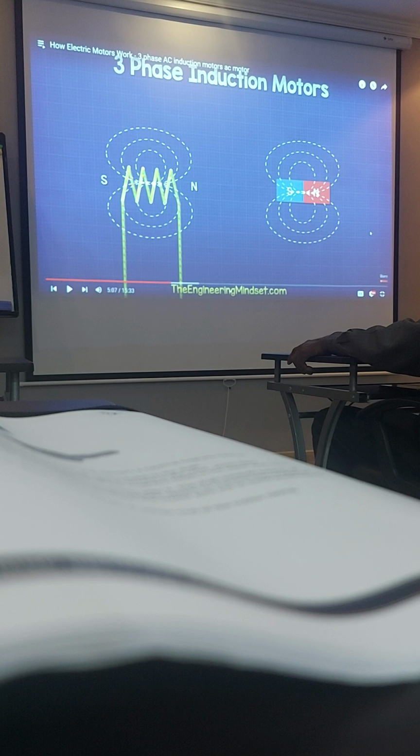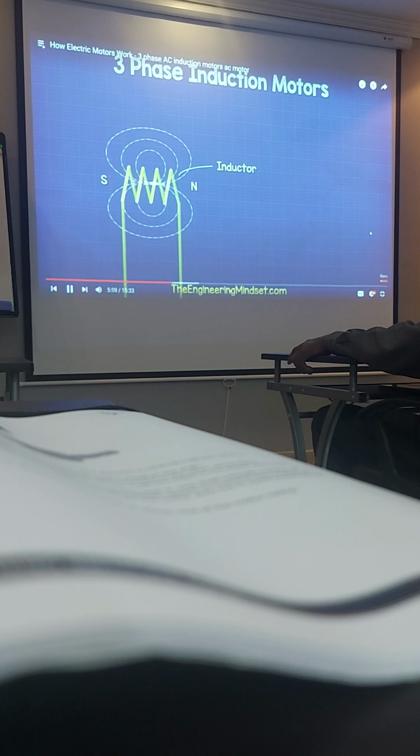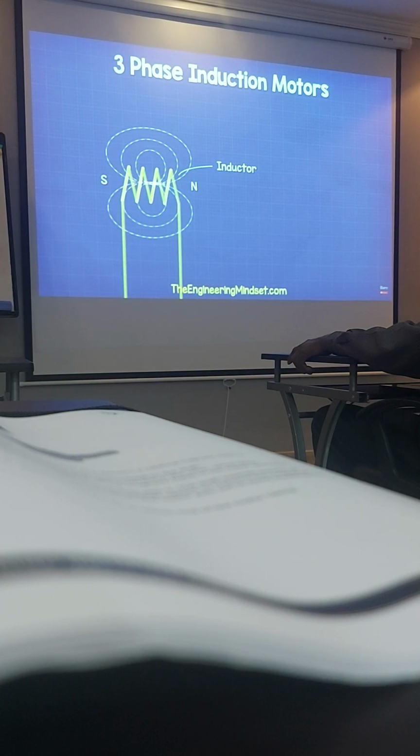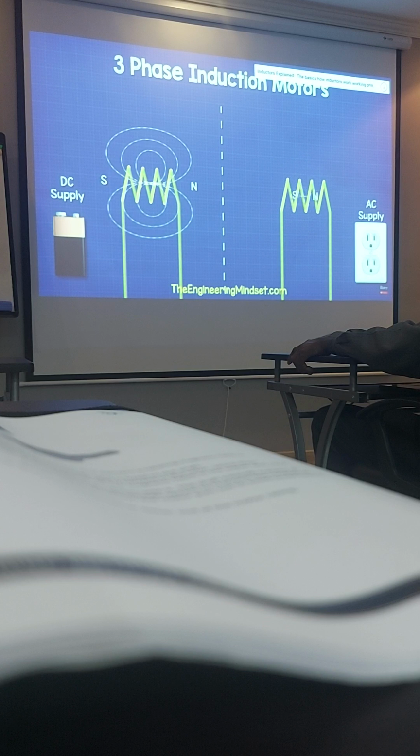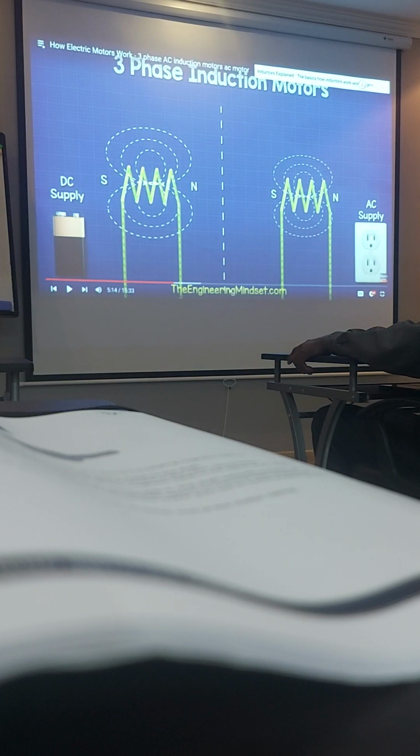So when you give the electrical power supply, the coil becomes a magnet and it has the basic nature of south pole and north pole. Okay, fine. It's like a permanent magnet. We call these coils of wire an inductor. You see here, when you give the coil DC power supply, the south pole and the north pole will remain the same. Why?